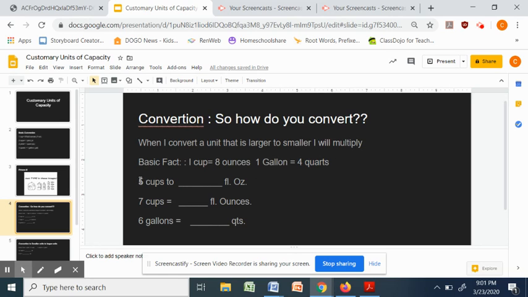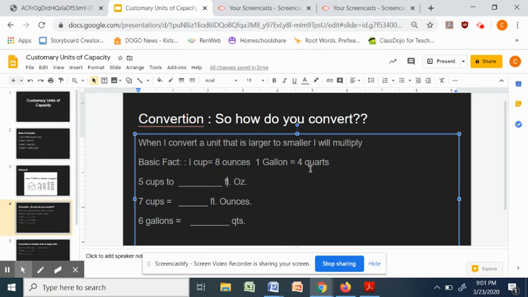A cup is a larger unit of capacity compared to fluid ounces, right? If you have 1 cup and 1 fluid ounce, you know that a cup is larger than an ounce. So when you are converting from a larger unit of capacity to a smaller unit of capacity, you are going to multiply.